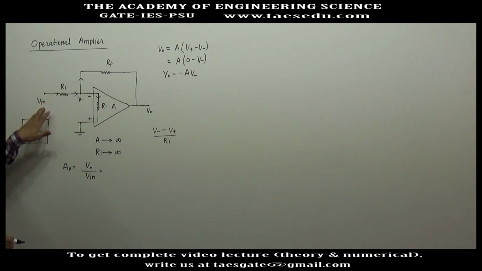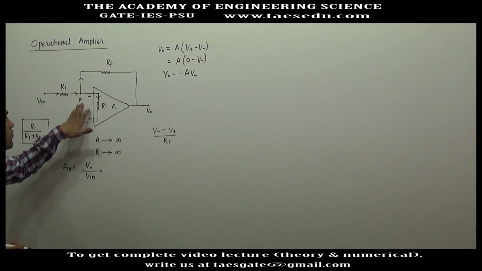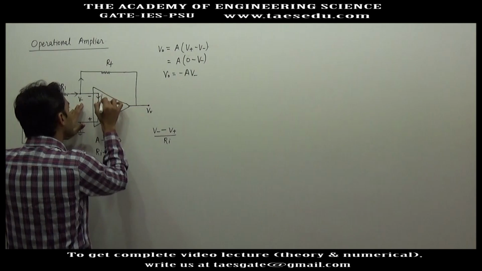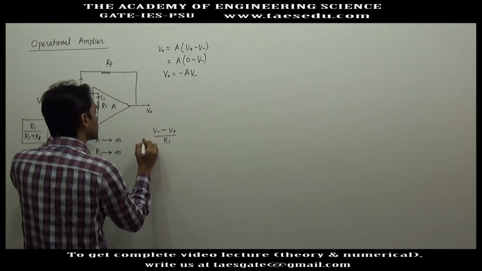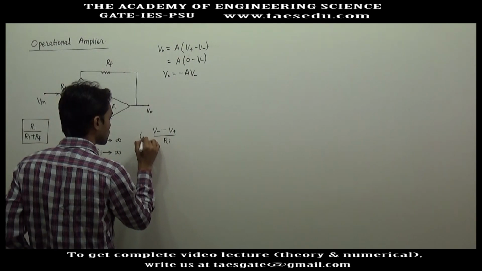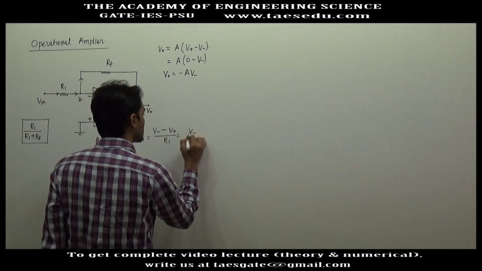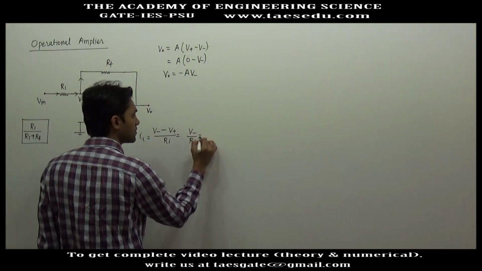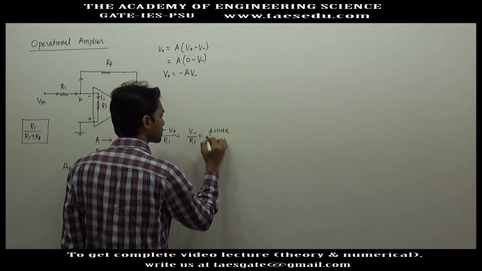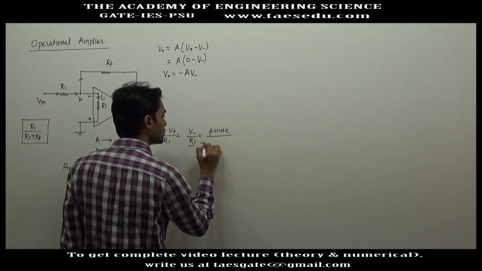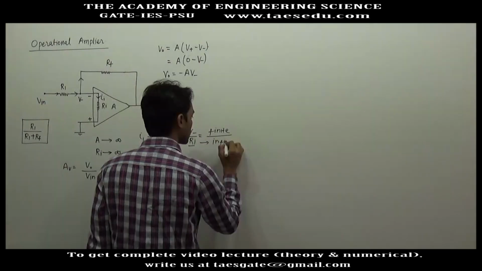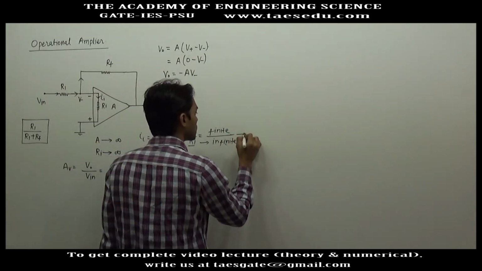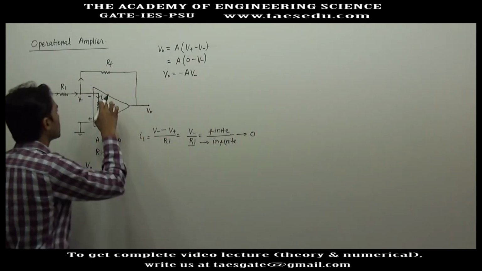If your input voltage is finite, there will be some voltage drop, so V minus can never tend to infinity, and this current will be the input current to the operational amplifier. This is V minus divided by Ri, since V plus is 0 and V minus is a finite quantity, divided by Ri tending to infinity. So finite divided by infinite will give you a quantity tending to 0. So we will say the input current is 0 here.